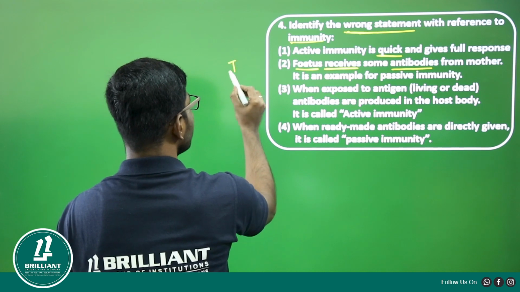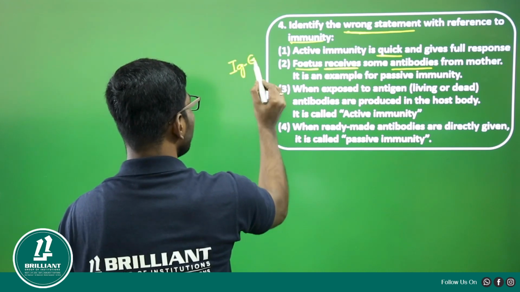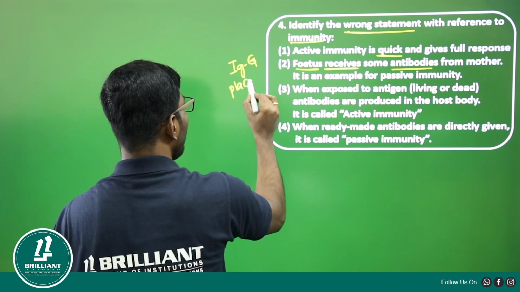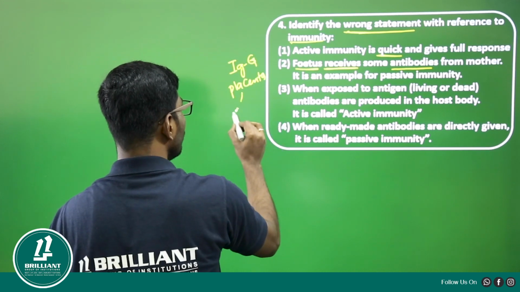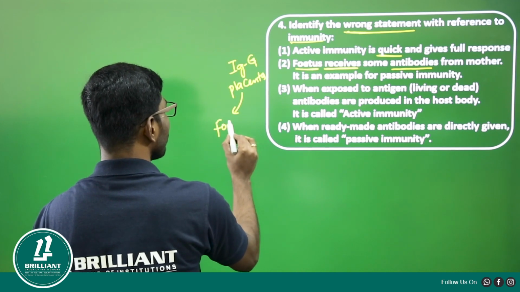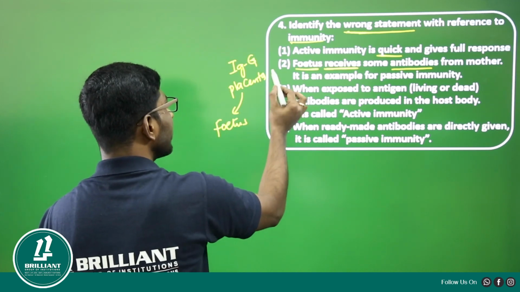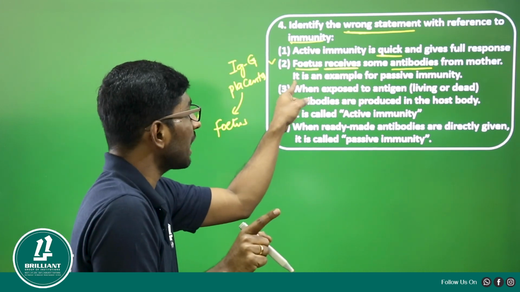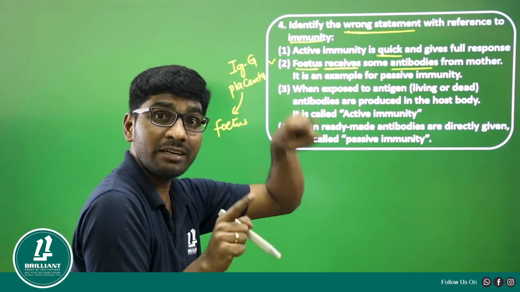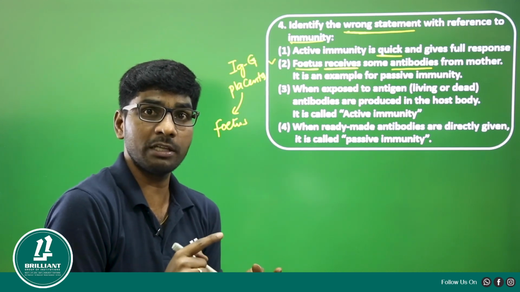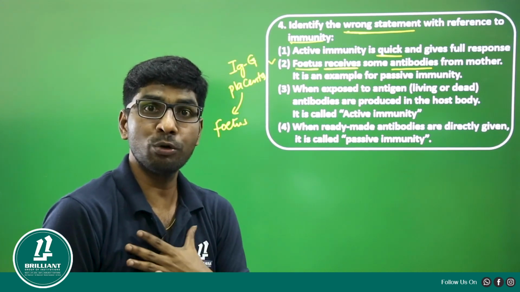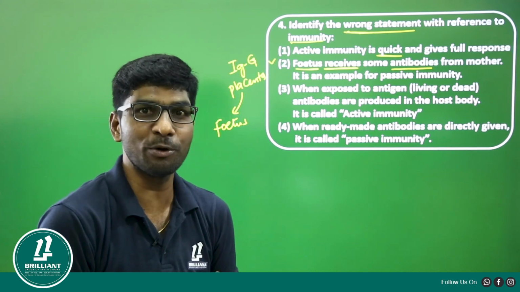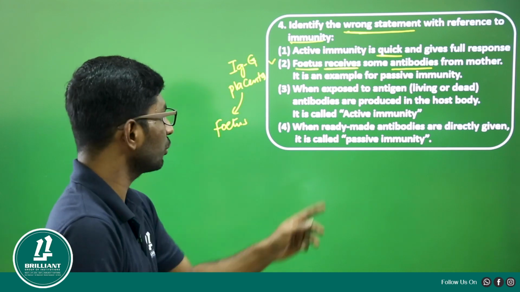So IgG immunoglobulin can be transferred from where to where, tell me? From placenta to fetus. It is a right statement. This statement is correct. In case they are asking, infant receives antibodies from mother, that is also correct. Through colostrum, mother milk, IgA immunoglobulins will go. Ready-made immunoglobulins, right? Fine. So this statement is appropriate.